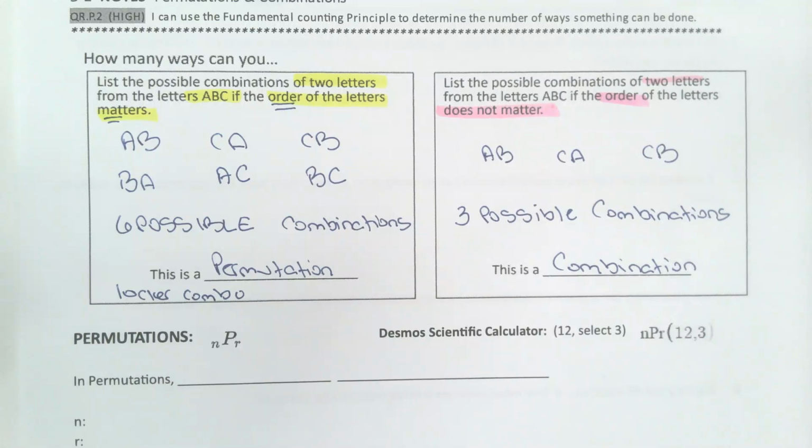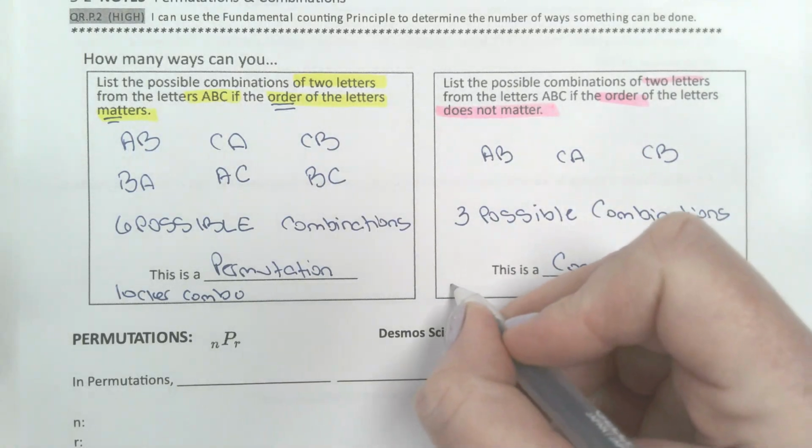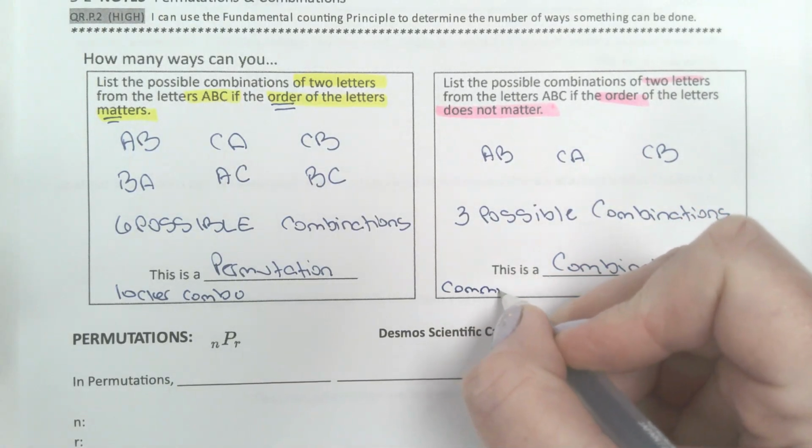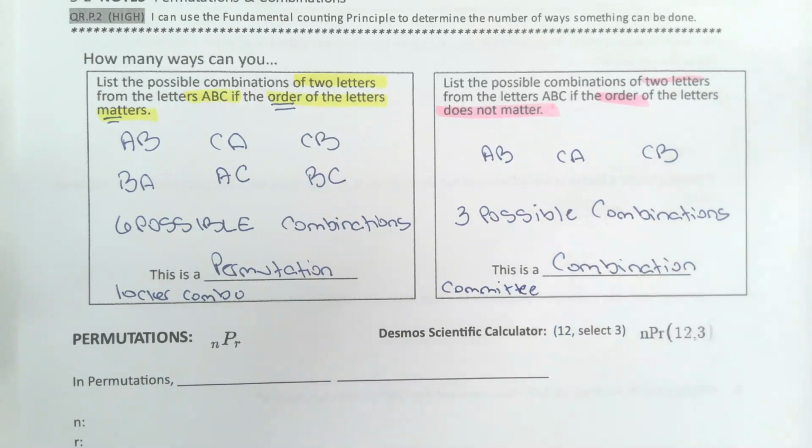When does the order not matter? A combination would be like a committee. It doesn't matter if they were voting for 3 positions. It doesn't matter if you get picked first, second, or third. If you're on the committee, you're on the committee.